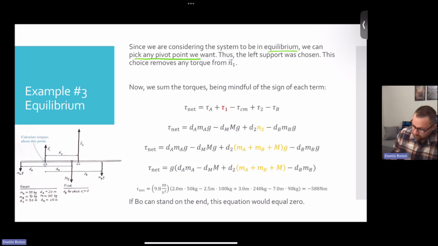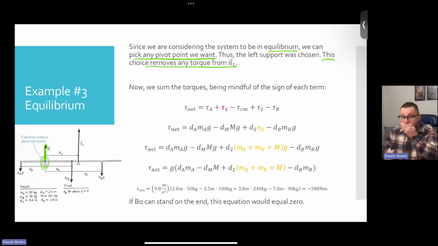So what I'll do is I'll pick the left support, and that will remove all the torques from this normal force. Here I'm going to pick my pivot point. I could have picked the other one if I wanted to, it'd be fine, but this will cancel out the torque from the normal force 1. We still have torque from normal force 2 though.